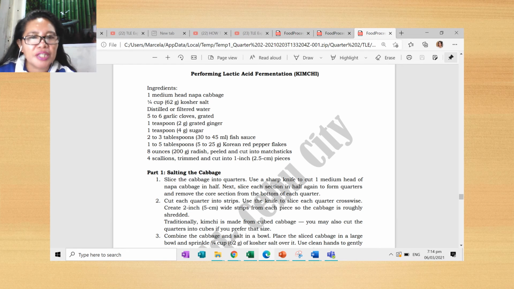Next is scallion, trimmed and cut into 1 inch or 2.5 cm pieces.